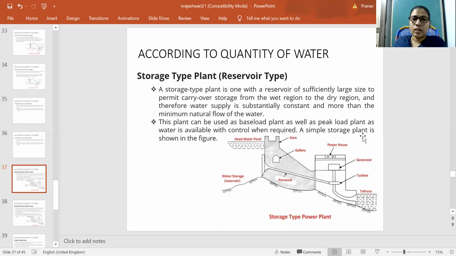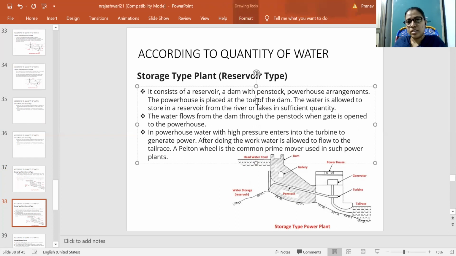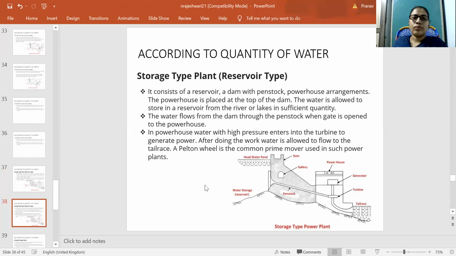A simple storage plant is shown in this figure, and it consists of a reservoir, a dam with penstock and powerhouse arrangements, and the powerhouse is placed at the top of the dam. The water is allowed to store in the reservoir from the river or lake in sufficient quantity, and the water flows from the dam through the penstock when the gate is open to the powerhouse.